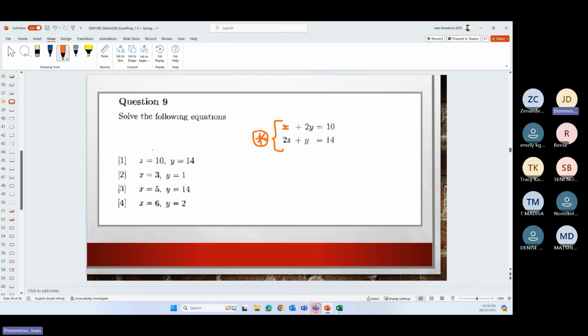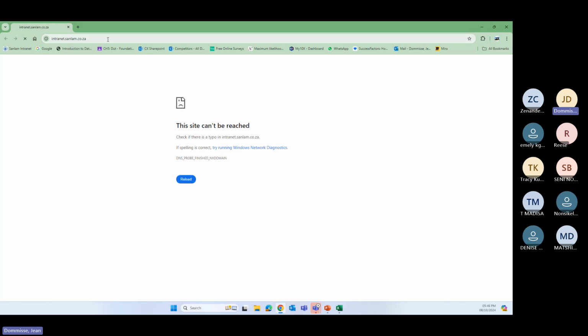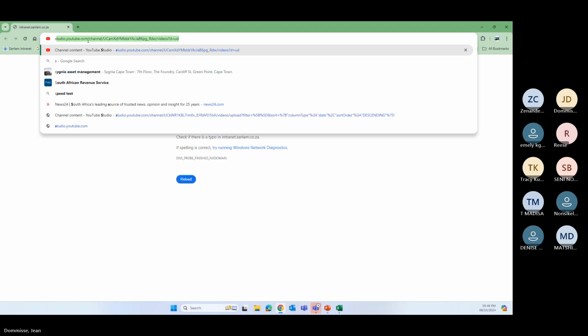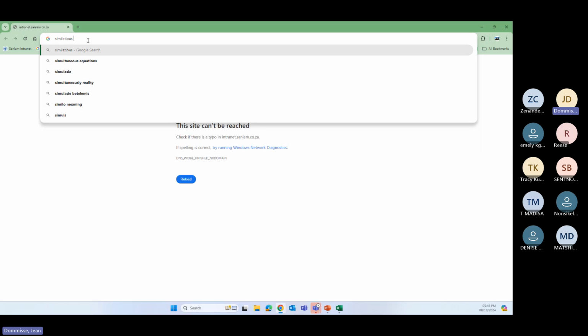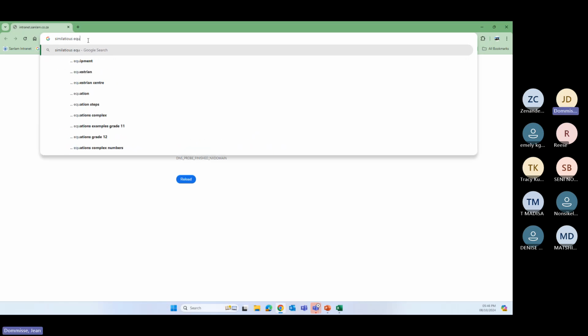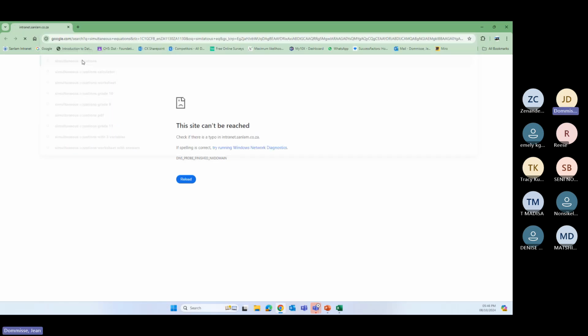What you can also do is test what your answer is. I normally use one of the, so what is it? Simultaneous, spell it correctly now. Equations.